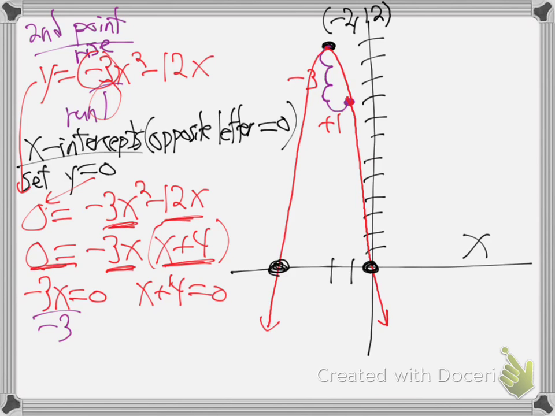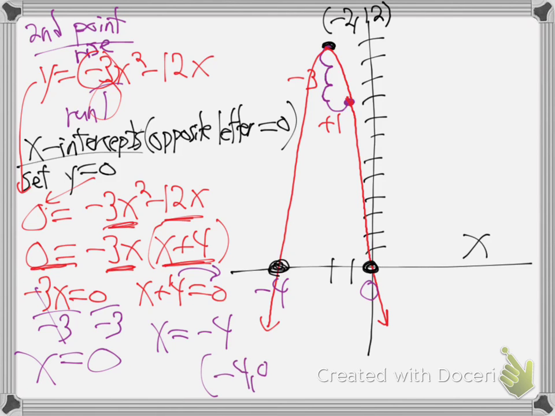Finish solving. Divide by minus 3. X is 0 over minus 3, which is just 0. Move the 4 over. Negative 4. So this is at 0, and this must be at negative 4. So really they want the coordinates of those points, not just minus 4 and 0. They want you to say minus 4, 0 and 0, 0, right?